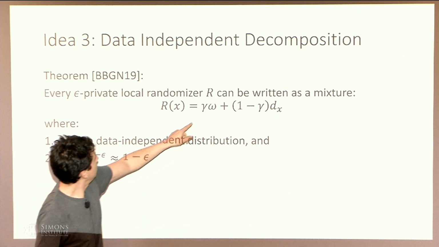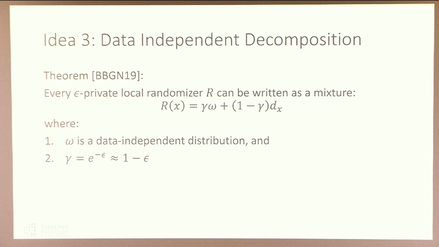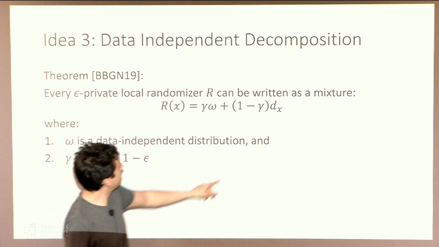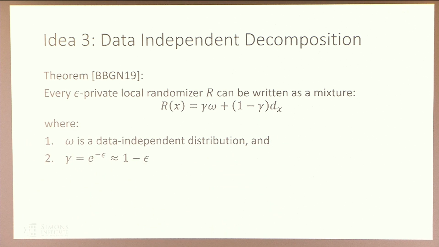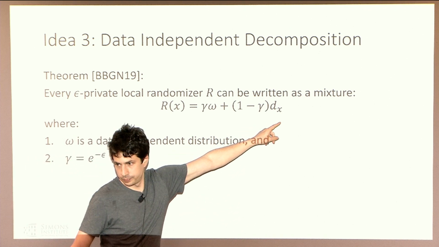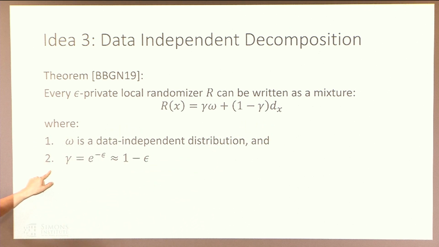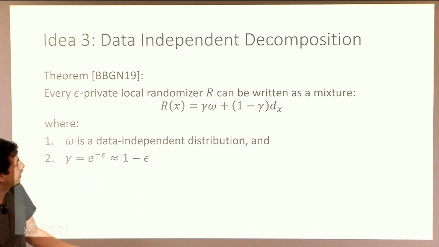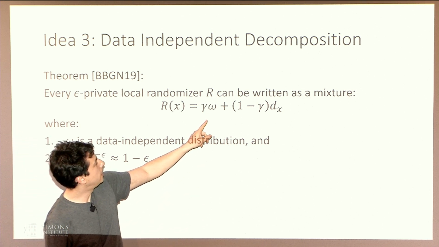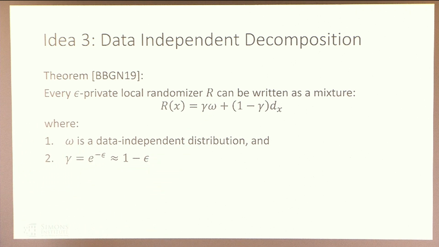Omega is a data independent distribution. And then this other component, dx, does depend on the data. But the weight on dx is small. Almost all of the weight, e to the minus epsilon, which when epsilon is small you should think of as 1 minus epsilon, is on the data independent part.